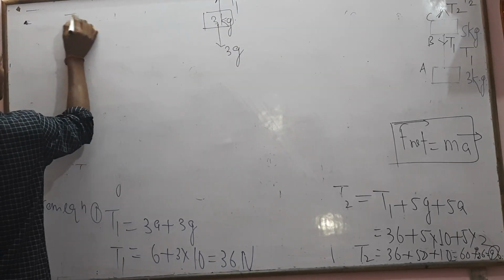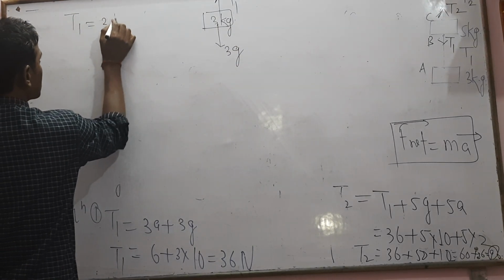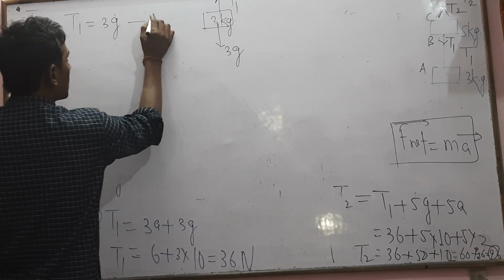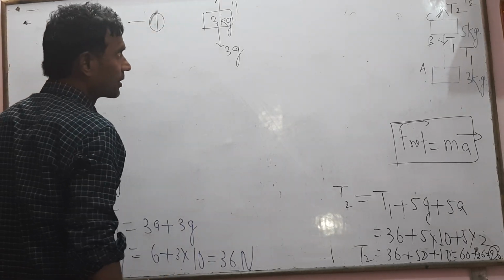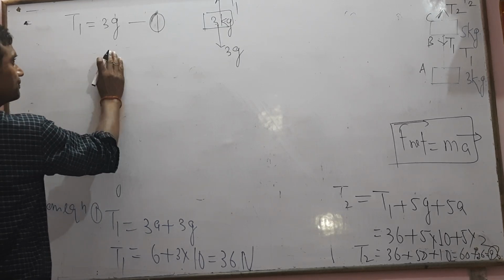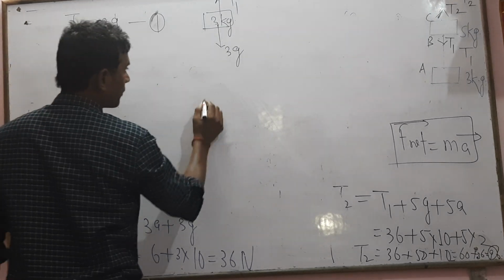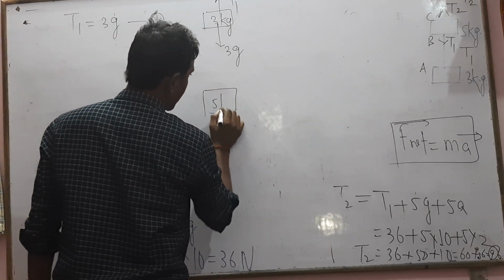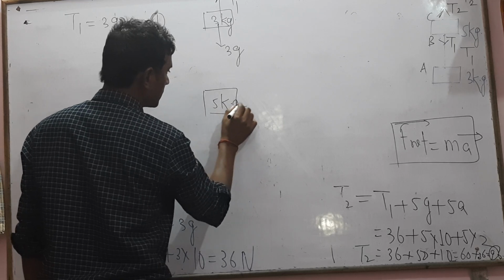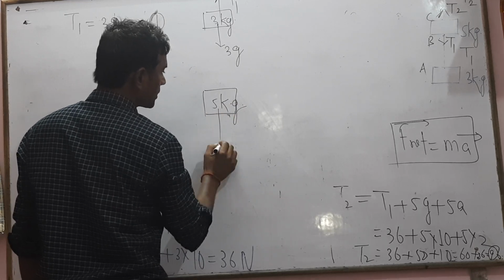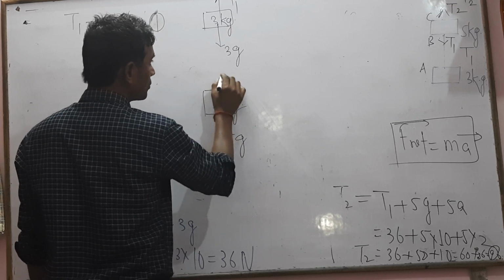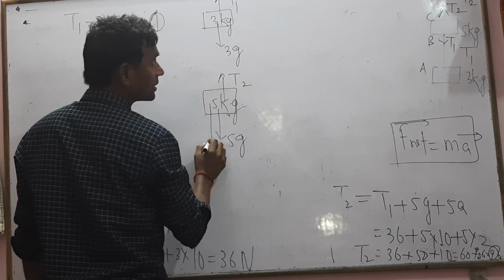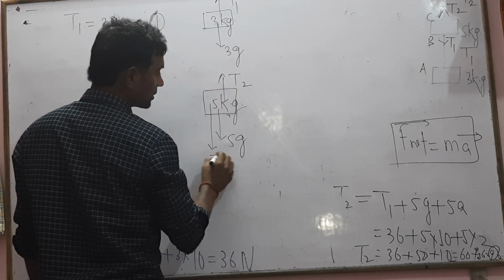So T1 equal to 3g. Second, the free body diagram of the 5 kg block. This is the 5g, this is the T2, and this value will be T1.